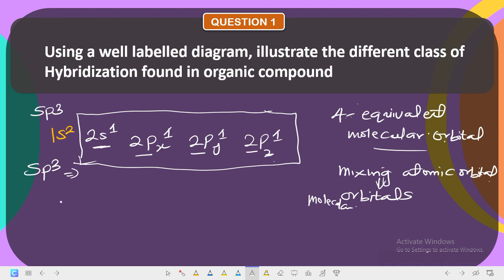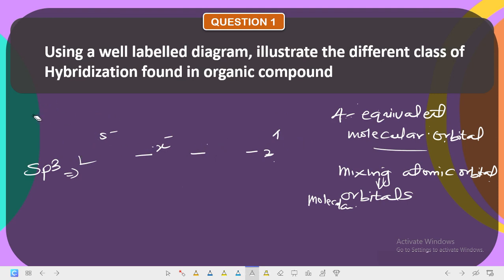So if we take the first one, now let's remove the 2's and whatever that we have. Let's put it as s, px, py, and pz. Let's remove the 2 as the valence or the outer shell, and let's remove the electrons. So what are we going to have? We are going to have something like this.